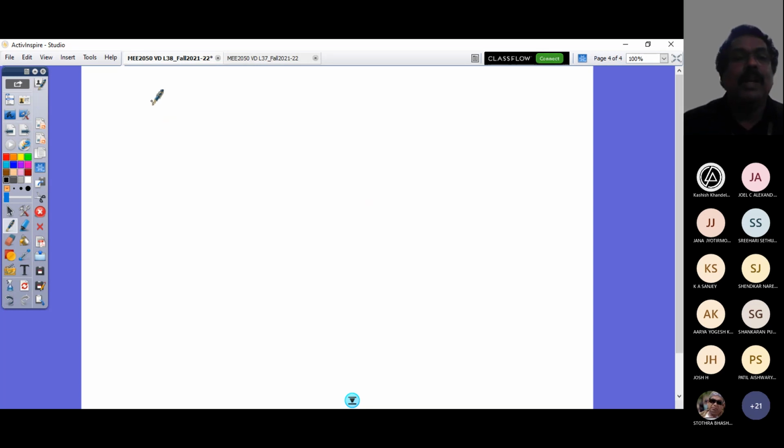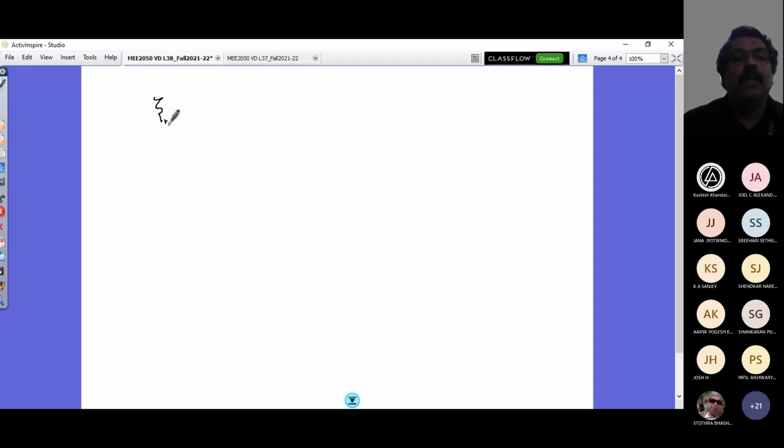For that, let's look at this expression, eta n, for an n speed gearbox. Eta n refers to any speed. So eta 1 is the first gear ratio, eta 2 the second. If it is a 5 speed gearbox, then it is eta 5, like that, right?